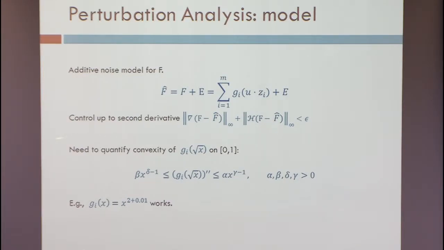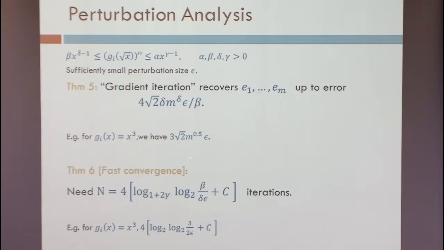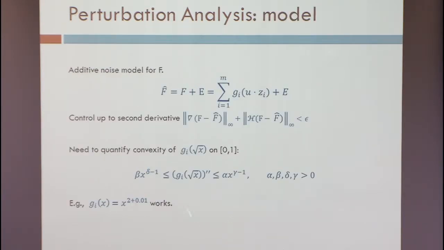And one more thing here too, if we want to have some analysis of the perturbation, we have to quantify convexity of gi of square root of x. So it's not enough to say that this is convex or strictly convex. We basically have to say, well, how strictly convex? And there are a couple of ways to do it, but one way is to say that gi of square root of x, second derivative. For convexity, it's enough that it is greater than 0.